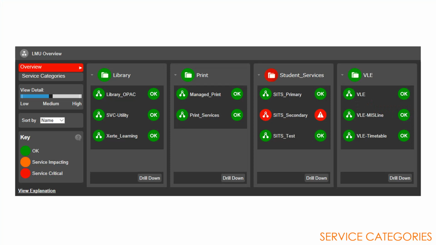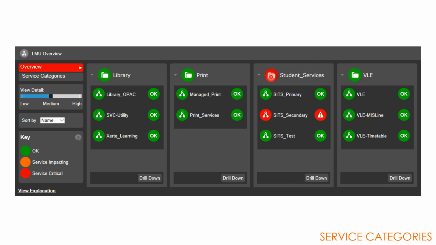This dashboard shows the top-level view of the services category: library, print, student services, and VLE. Each service category is a collection of related services, which shows their rolled-up status at the top. You can see the three service categories, library, print, and VLE, are all showing a good, healthy status, as indicated by the green status icons.